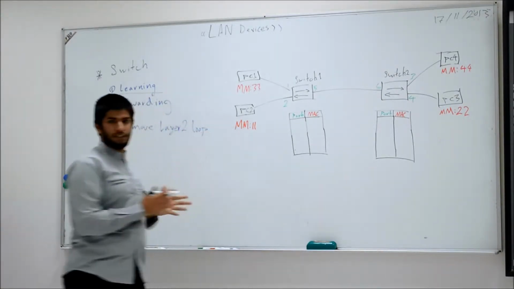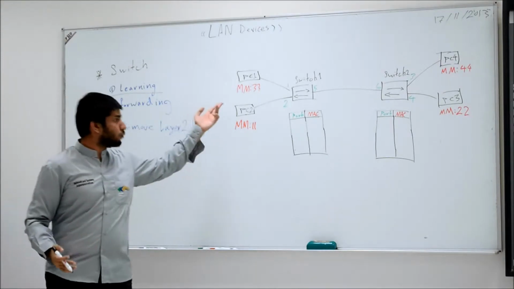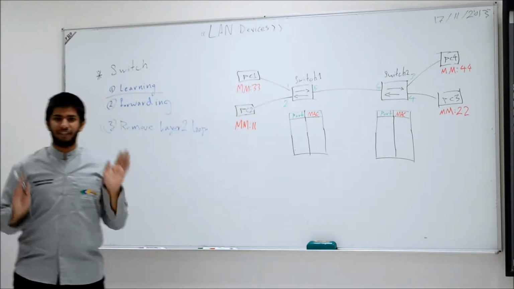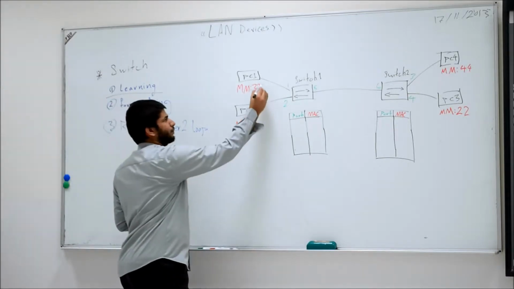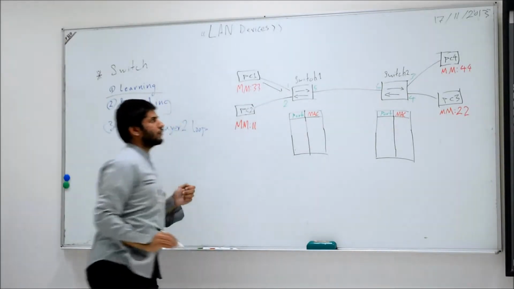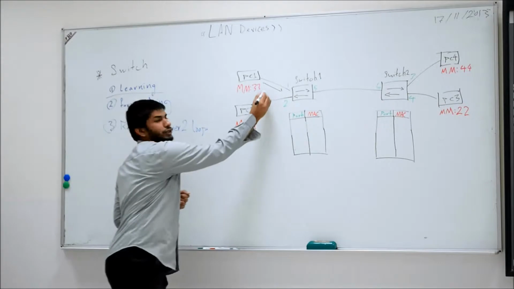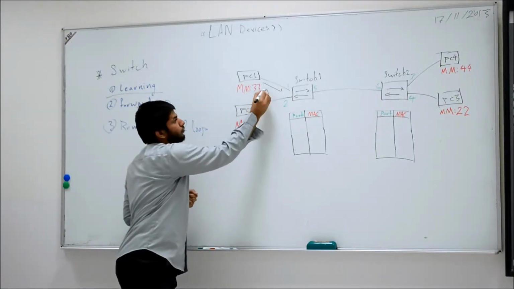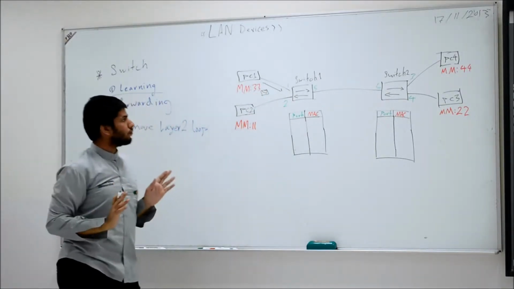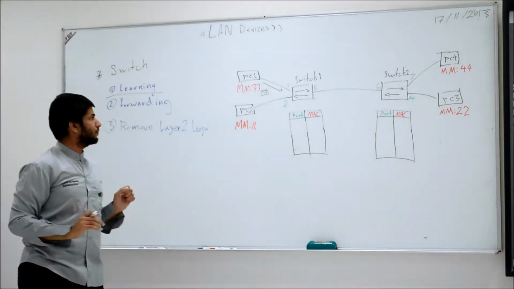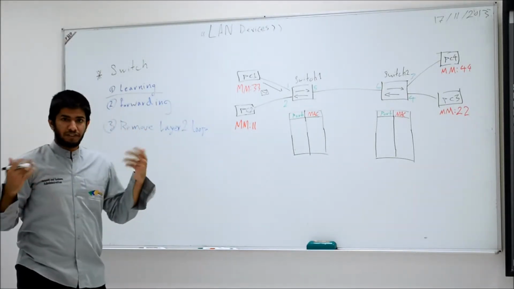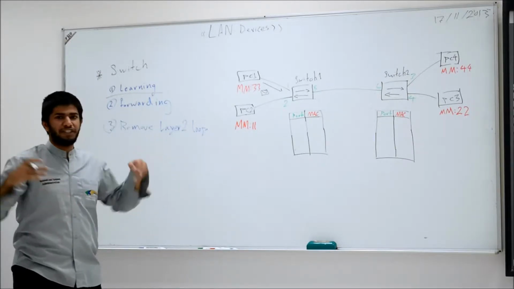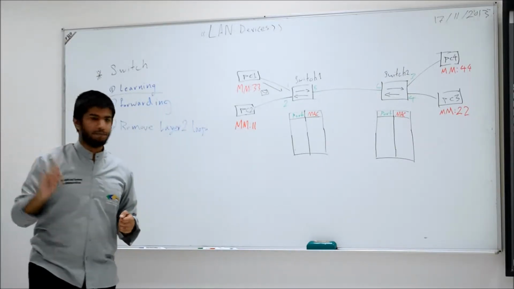So we want to send from PC1 to PC3. What happens here? We will send the packet from here to the switch. The switch doesn't know the PC because it is sending for the first time.